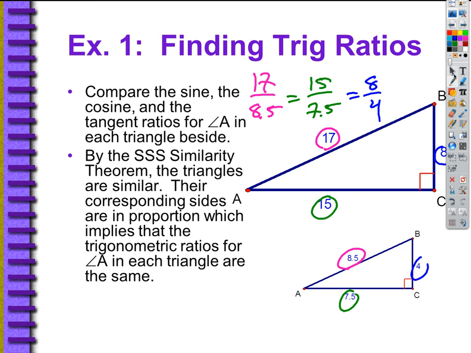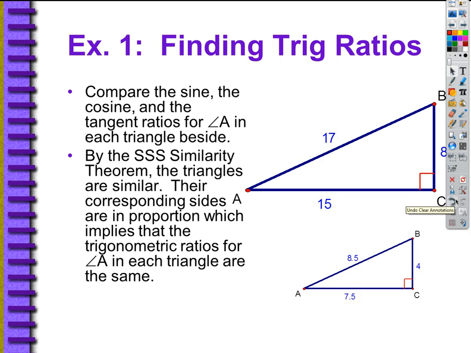Now watch what happens if I calculate the trig ratios of these. Do you suppose I'm going to get different answers for the different triangles? Think I'm going to get the same or different answers? Same, yeah. Watch.